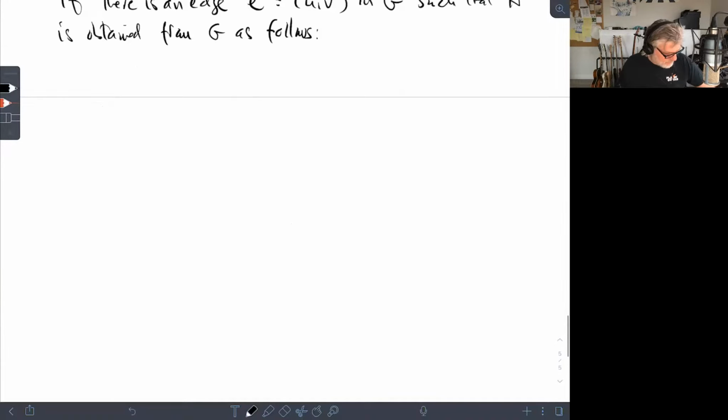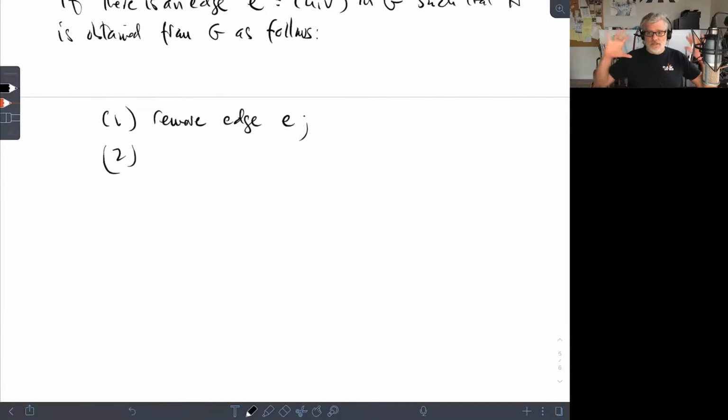First, you remove the edge E. You take the graph G, you erase the edge between U and V. And then what you do is you add a new vertex W, and edges U to W and W to V.